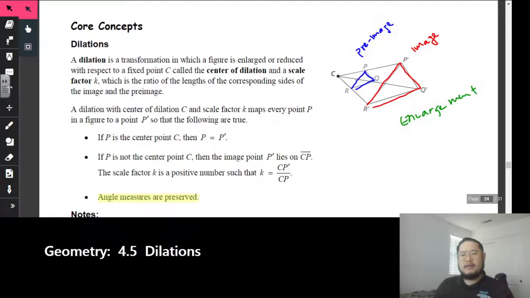And that's once again because I have points PQR, and then I have PQR prime in red. That point C there is the center of dilation. The center of dilation is going to be a spot where we are going to use to show that we have an enlarged figure or a reduced figure.